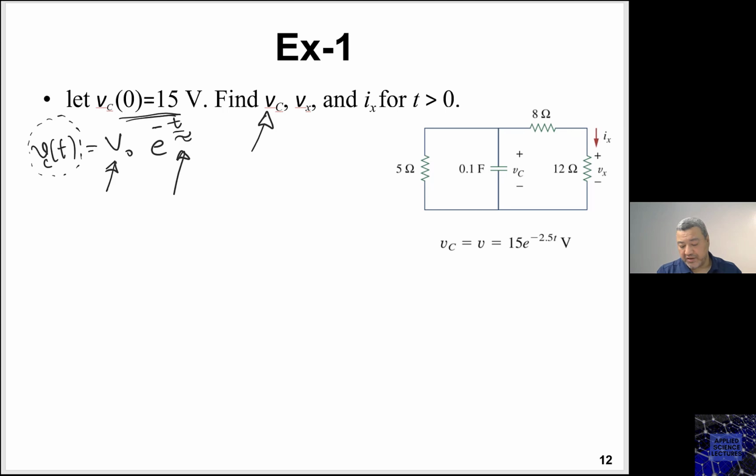As you can see here, the circuit that this capacitor is hooked up to has several resistors. It's not one distinguished resistor that the energy is going to be dissipated through. So what do I do in this case? Can somebody tell me what I do?